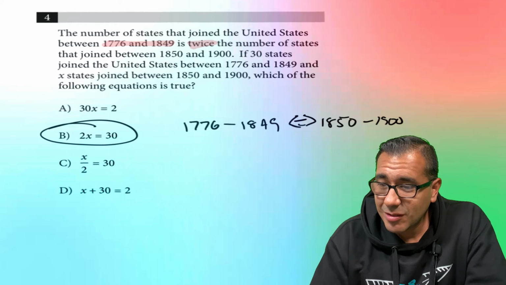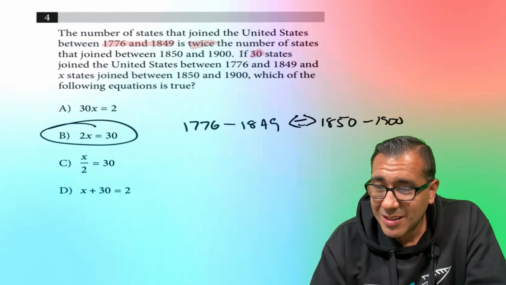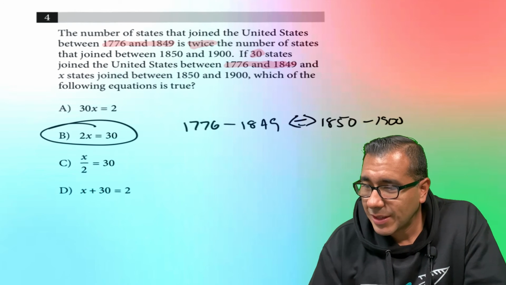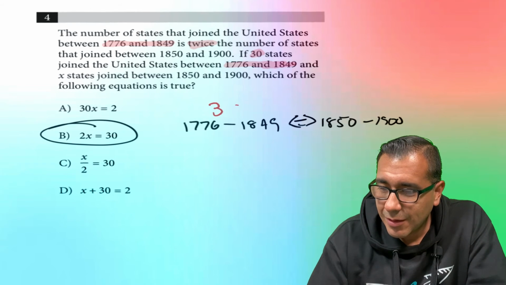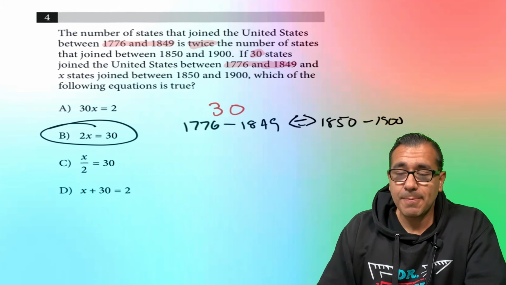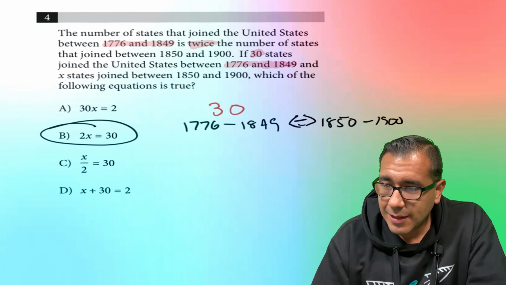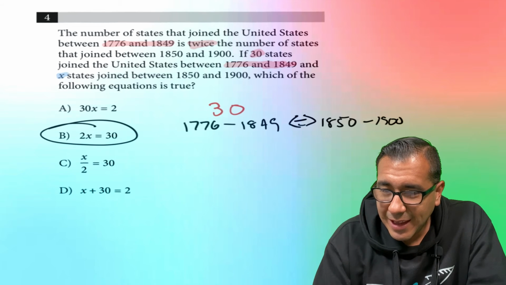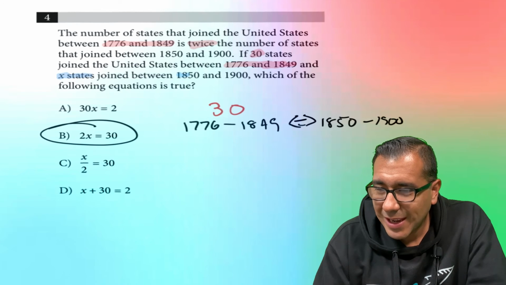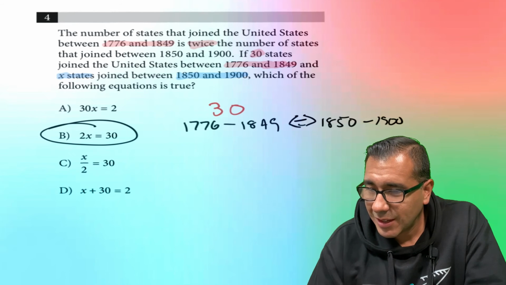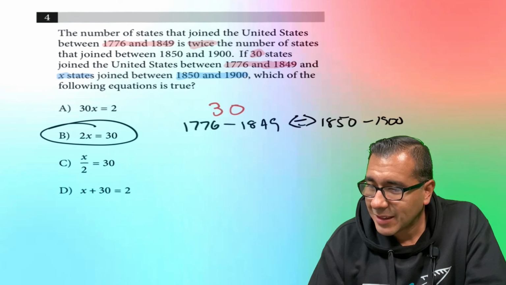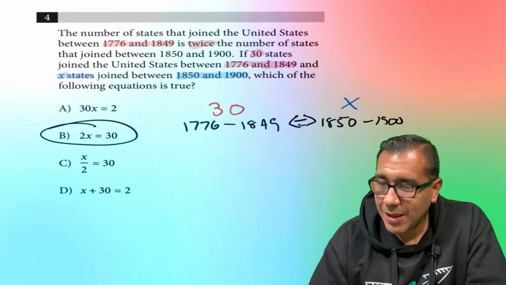It also tells us that 30 states joined in that time period. And then what they also tell us is that X states joined between 1850 and 1900. So 1850 to 1900, we had X amount of states.